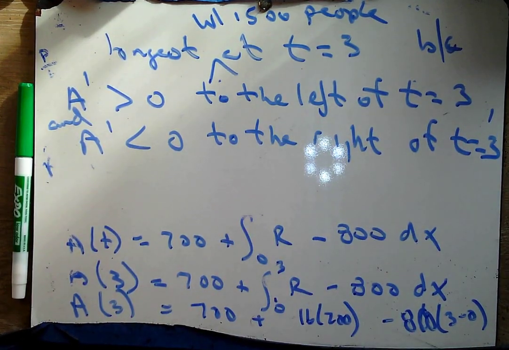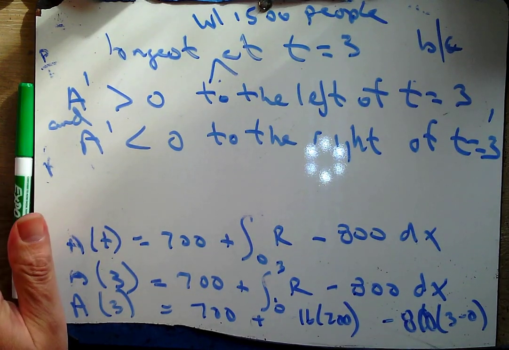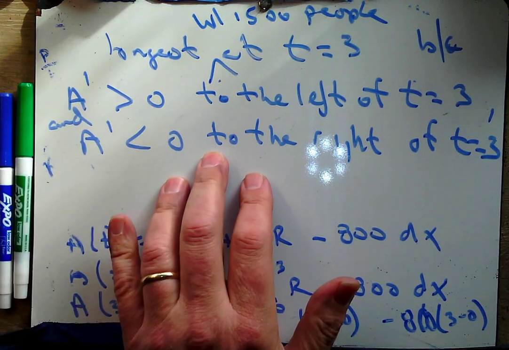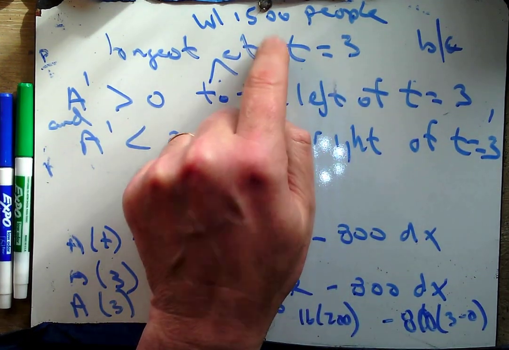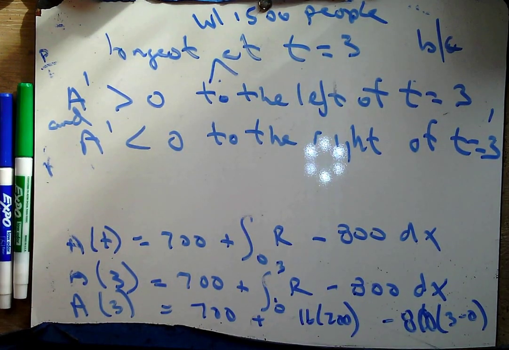I can use that same justification to explain. Don't forget, though, the answer isn't just this. They wanted to know what the longest line was, so we need that as well.